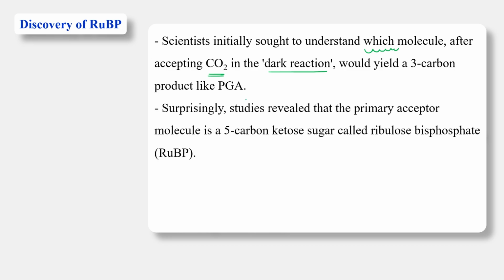Surprisingly, studies reveal that the primary acceptor molecule is a 5-carbon ketose sugar known as ribulose bisphosphate, RuBP. So this is the first acceptor, or primary acceptor, which actually accepts this carbon dioxide.